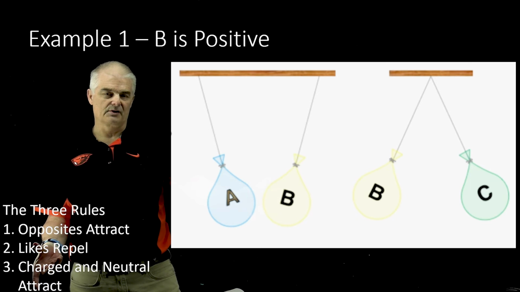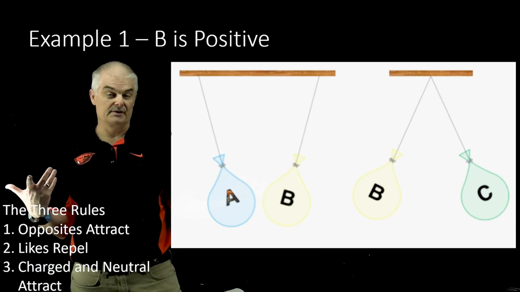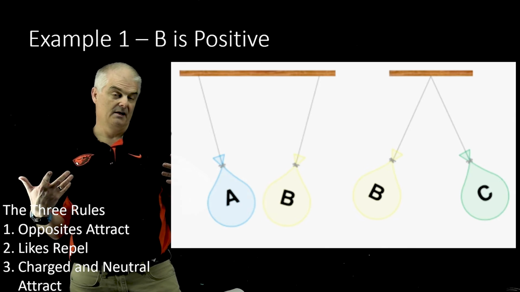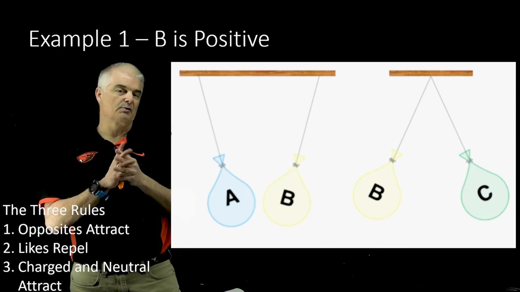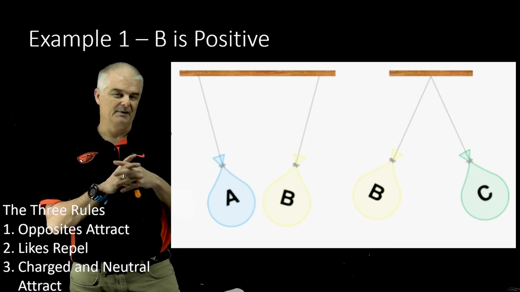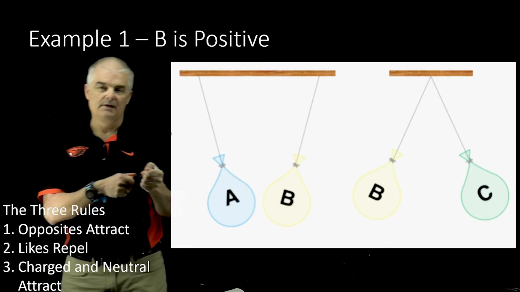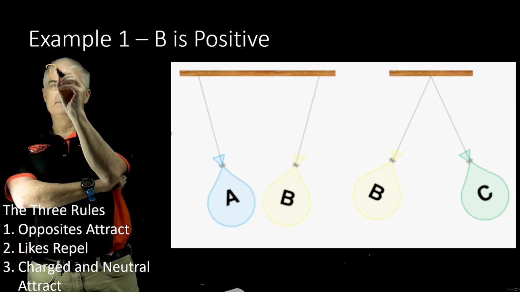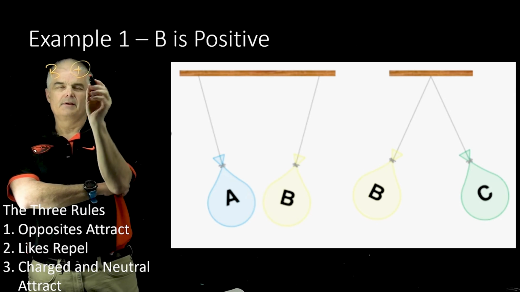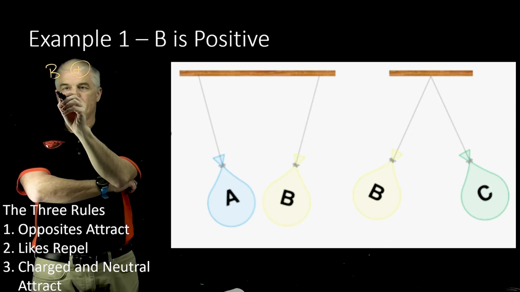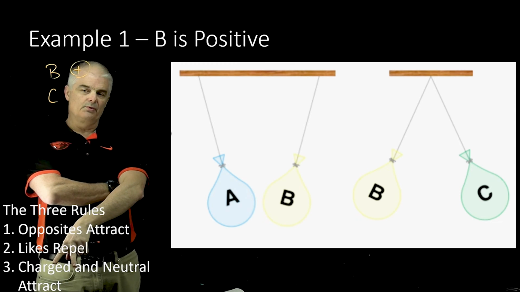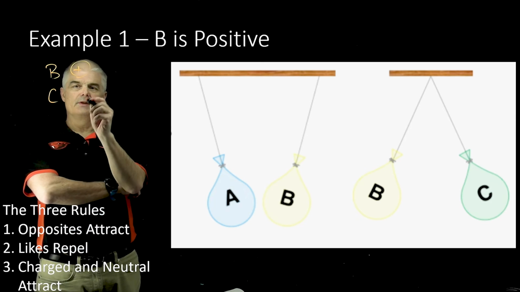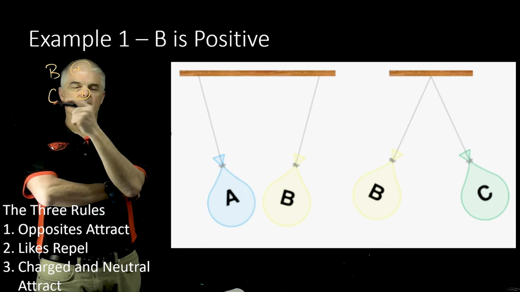So all we know is, what's A's charge and what's C's charge? If B is positive, but if we look at the second example, B is repulsive with C. So if B is positive, we know that. Now what does C have to be? Since it's repulsive, and the only rule that applies for repulsion is rule 2, then we know C is also positive.